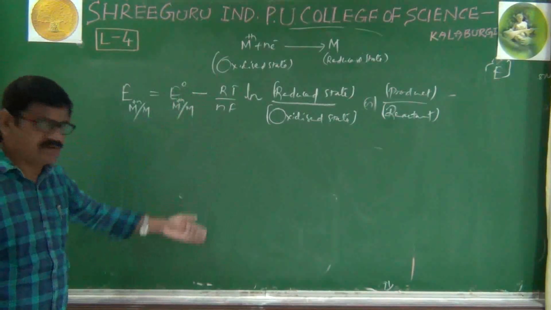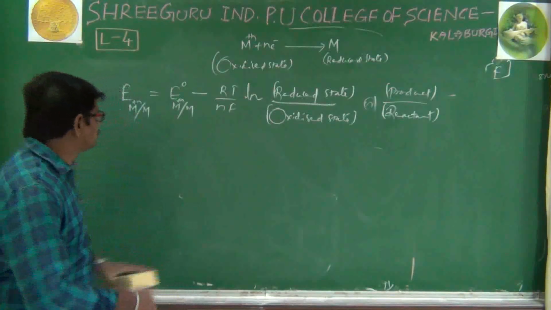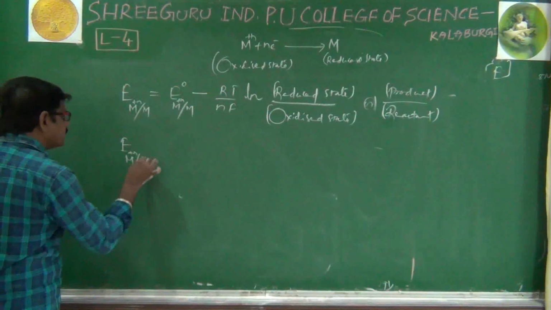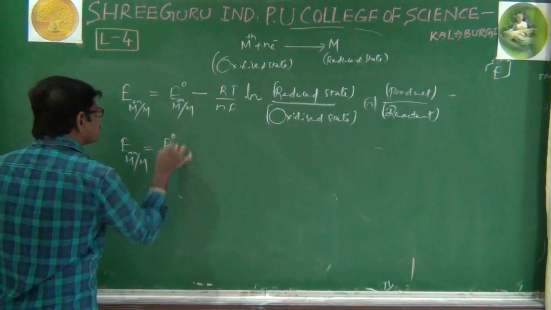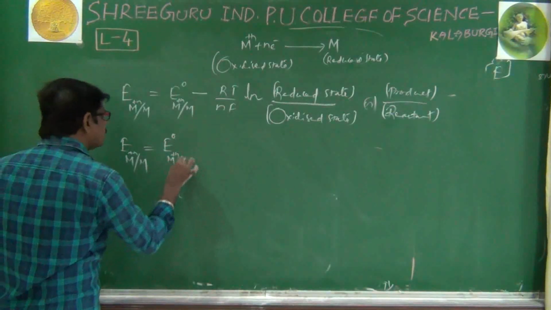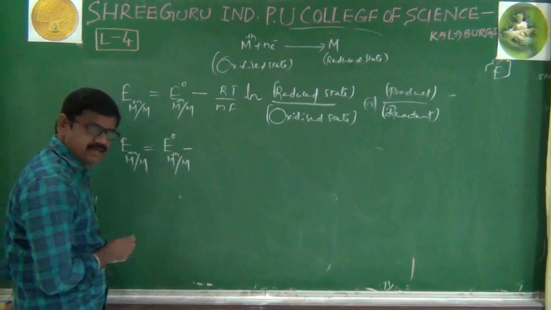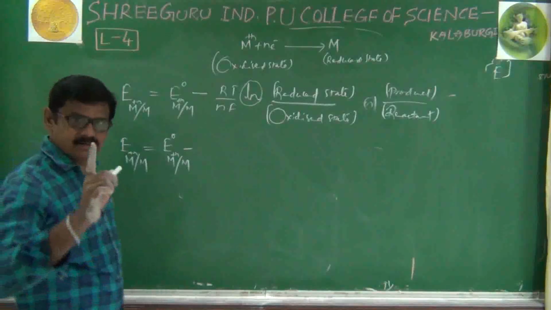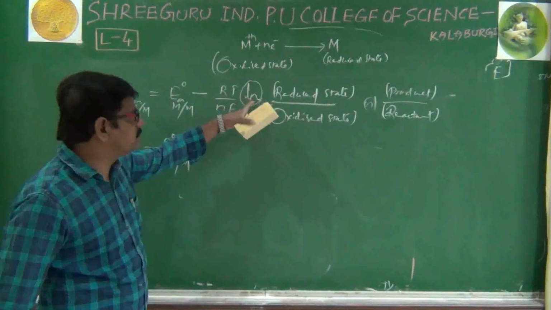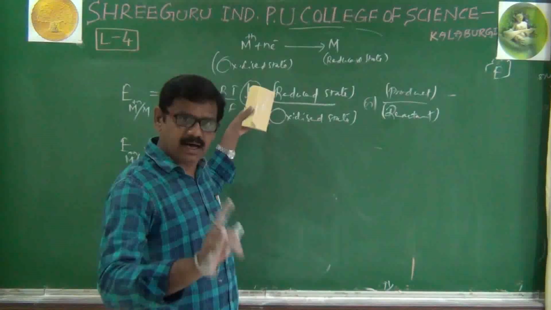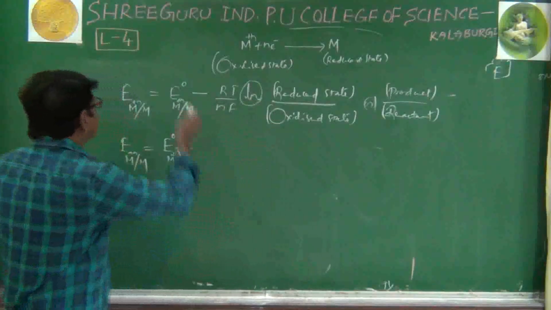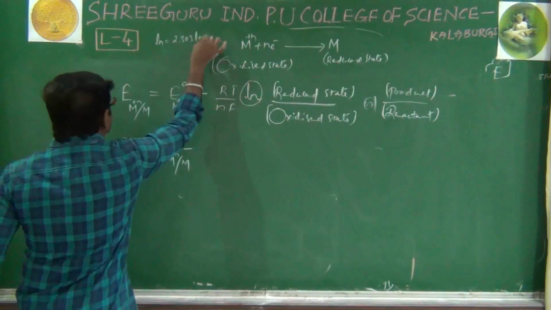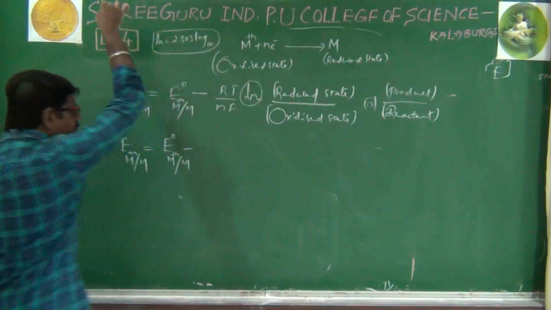Now we are expanding this formula. E M plus N oblique M is equal to E naught M plus N oblique M minus RT by NF ln, nothing but log base E. This log base E we will convert to log base 10. We have the relation ln equals 2.303 log base 10.